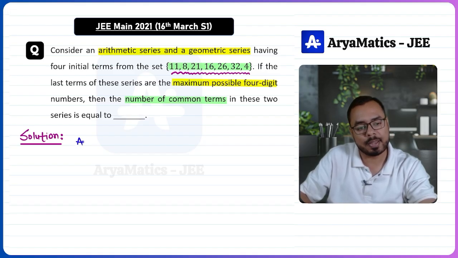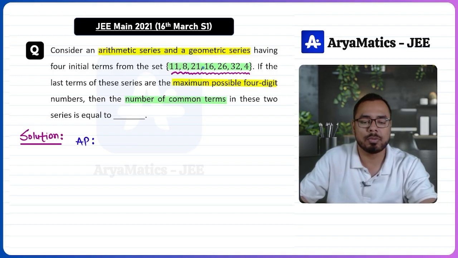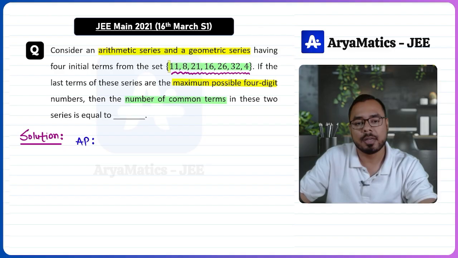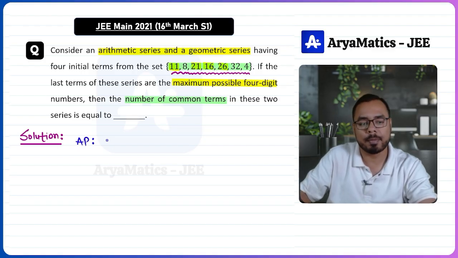Now, AP and GP we have to find by observation only. So first let us talk about the arithmetic progression here. It is not difficult to find those by observation. You can very easily see that for the arithmetic progression, if I take the terms as 11, 16, 21 and 26, this will form an AP, right?